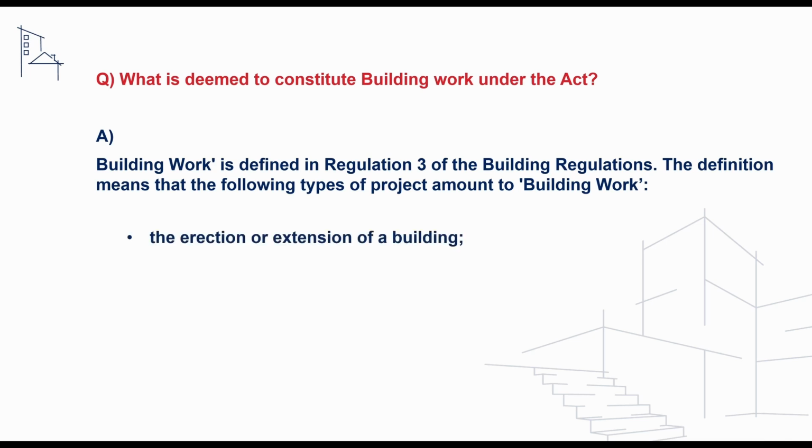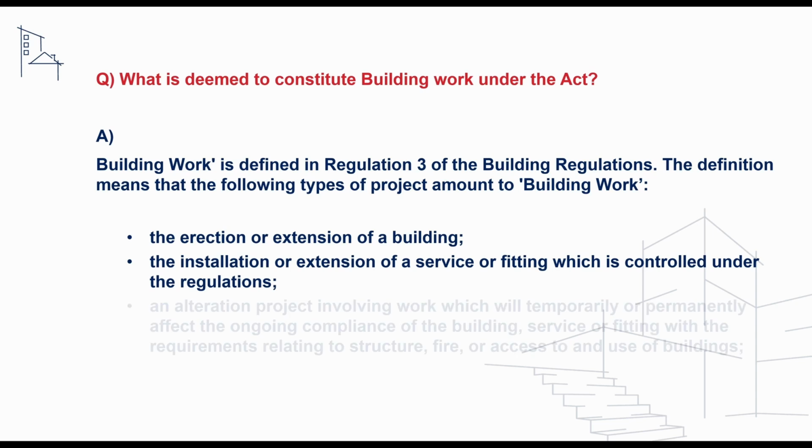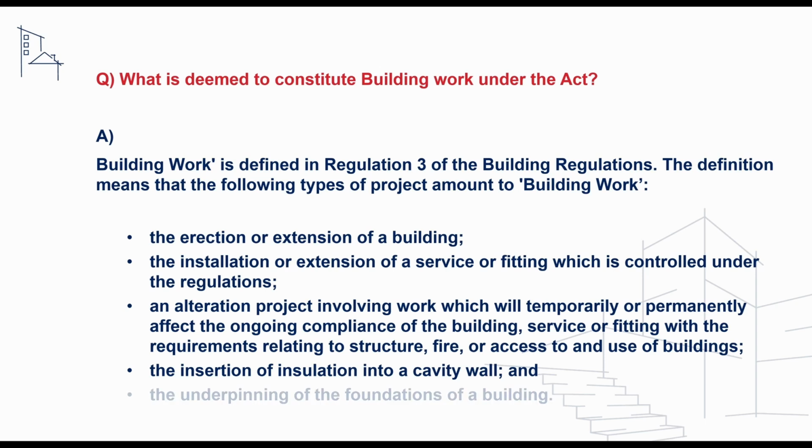And this could be for the erection or extension of a building, the installation or extension of a service or fitting which is controlled under the regulations, an alteration project involving work which will temporarily or permanently affect the ongoing compliance of the building, service or fitting with the requirements relating to structure, fire or access to and the use of buildings, the insertion of insulation into a cavity wall, and the underpinning of foundations of a building.